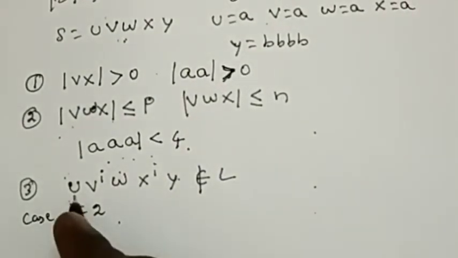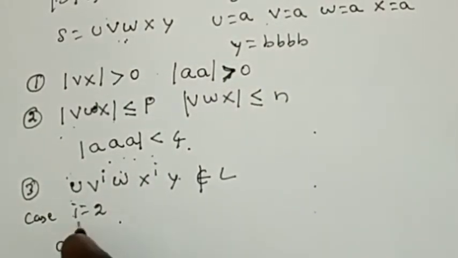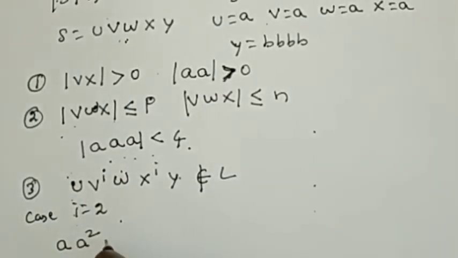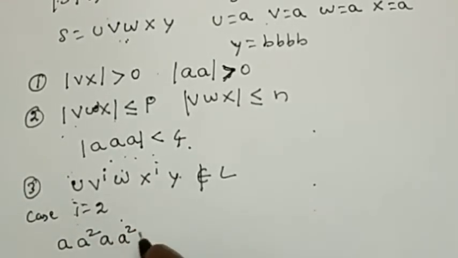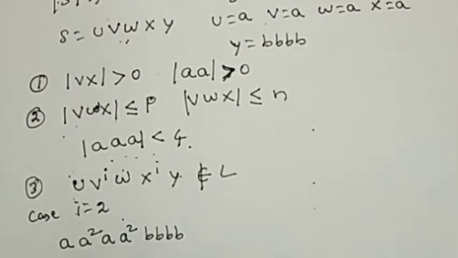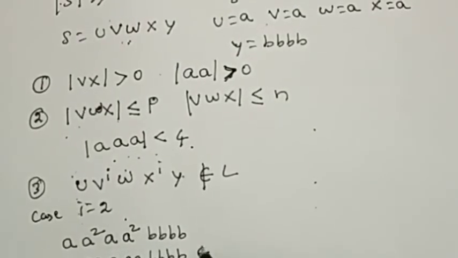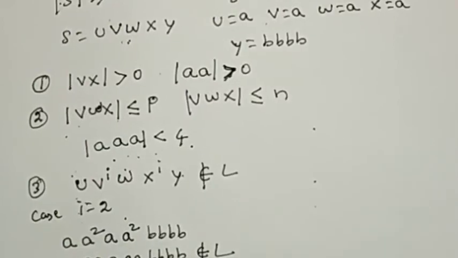Now you know what the value of u is. U is a here. V is also a, but i is substituted as 2 here, so it will become a squared. W is a. X is again a, to the power of i, that is a squared now. Y is b. Now when you expand it, a squared is expanded as double a, and again a squared, and the result does not belong to the language.